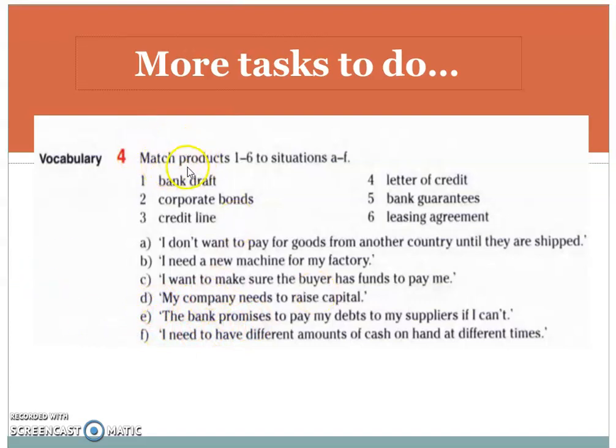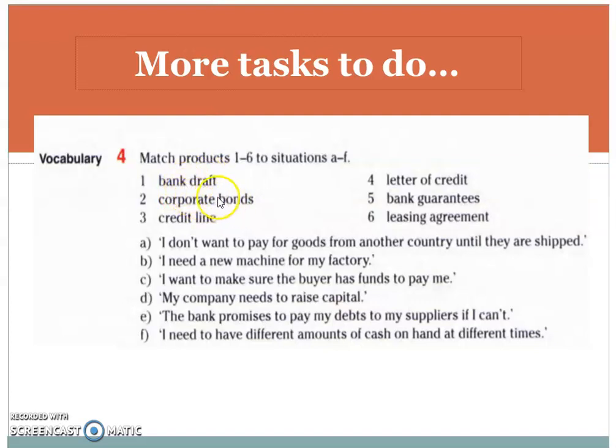Here, match products. So these are the bank products to the different situations here. So these are the situations A to F. Now, as I've explained to you already, yeah?